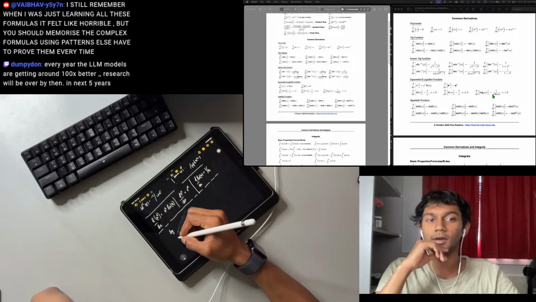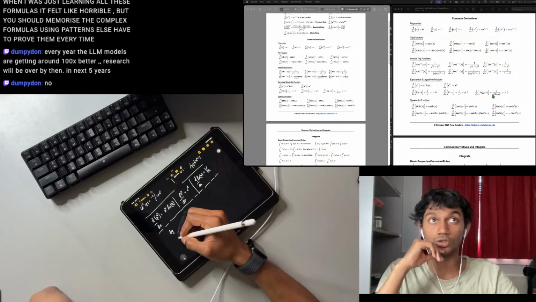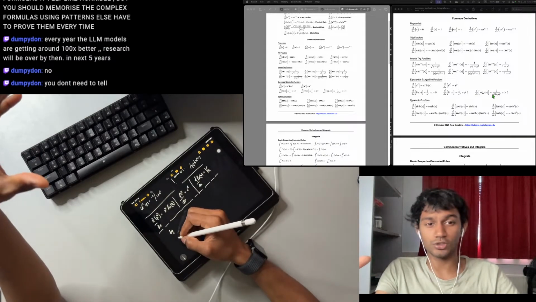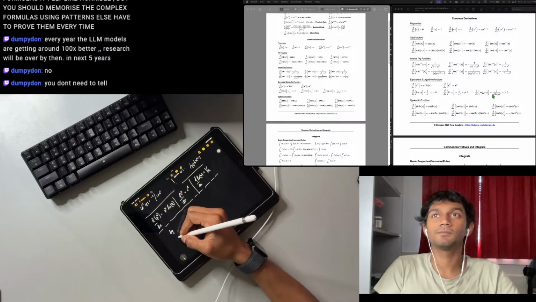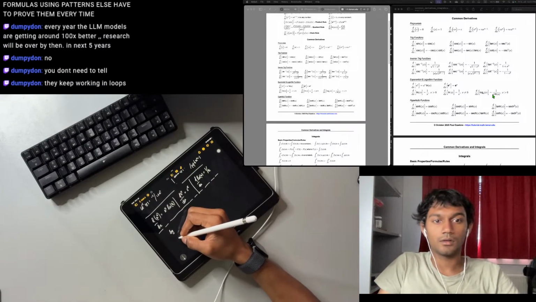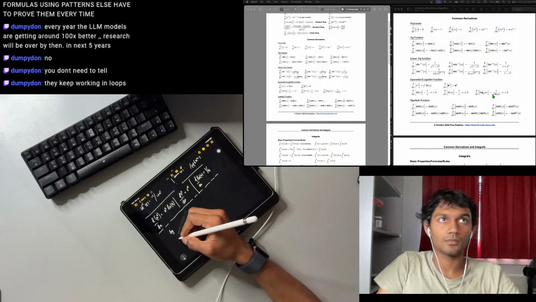So yeah, I want LLMs to get better so research can get better. But LLMs are going to replace research? You don't need to tell. They keep working in loops. Okay.